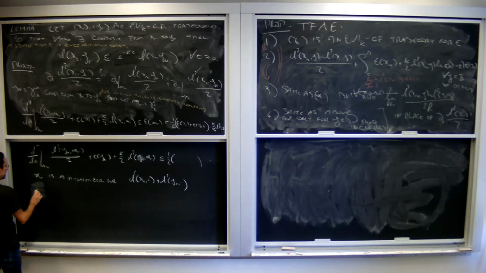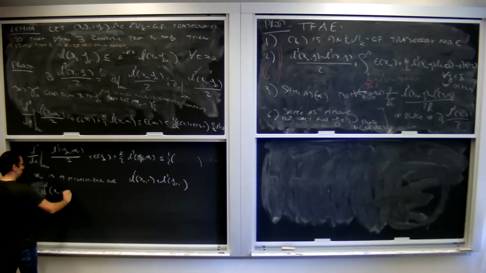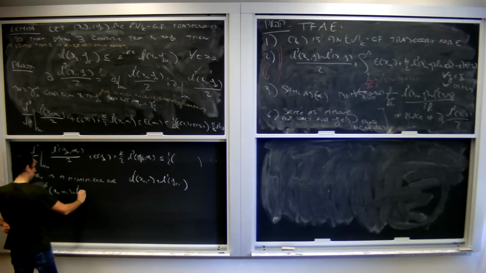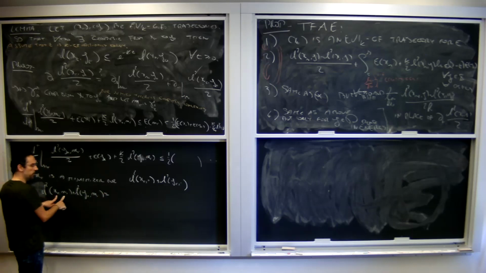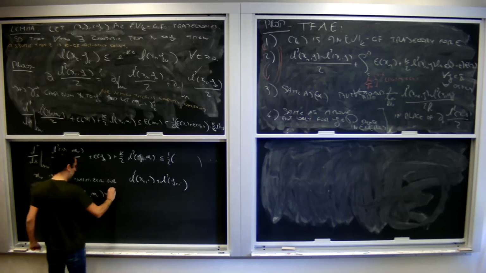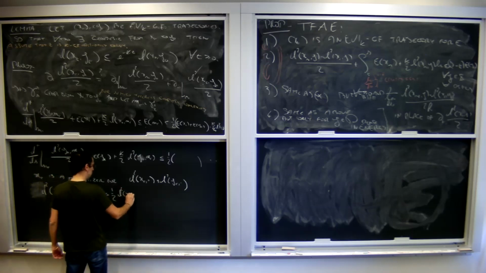So what I'm saying is that the distance squared x_t m_t plus distance squared y_t m_t, well, this I know how much it is, because this is the midpoint. So the distance is 1/2 of the distance, and the distance squared is 1/4. So this is 1/2 distance squared x_t y_t.